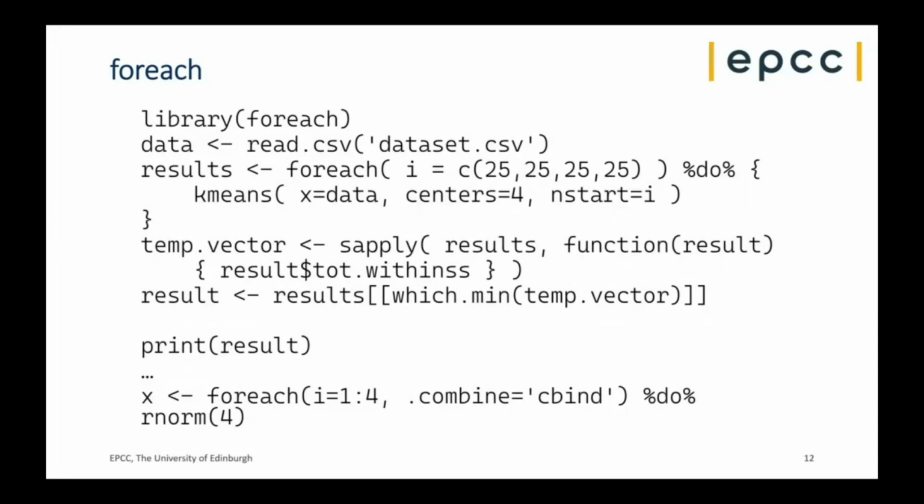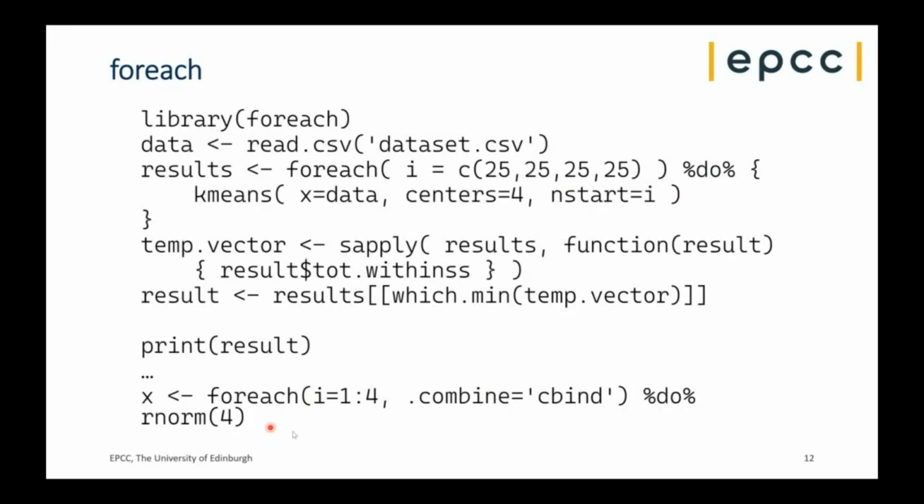We have a foreach, we specify a range of our loop, and we say do, and then it will do each one of these calls for each one of the iterations of that loop. Again, we're collecting into a results list vector where we want to gather all that data together and produce it. All we've changed in the middle here is that instead of doing this lapply, we're now using a foreach do.